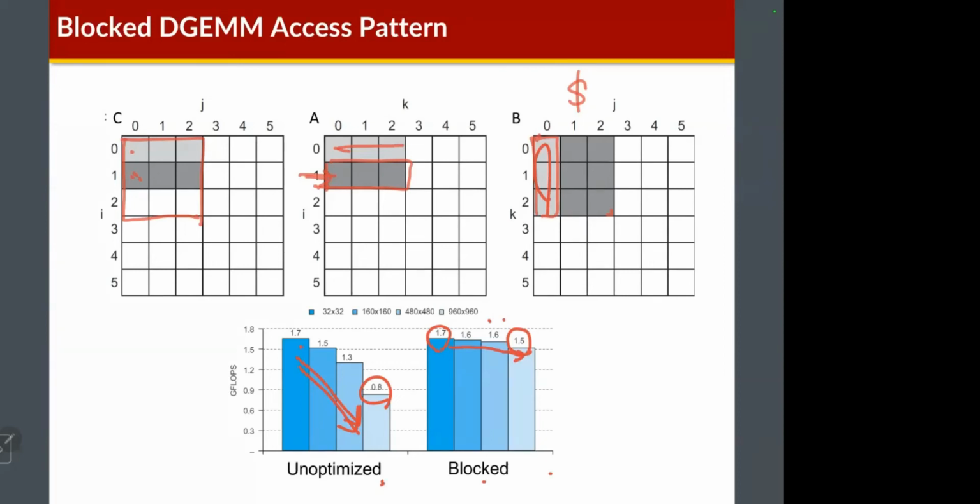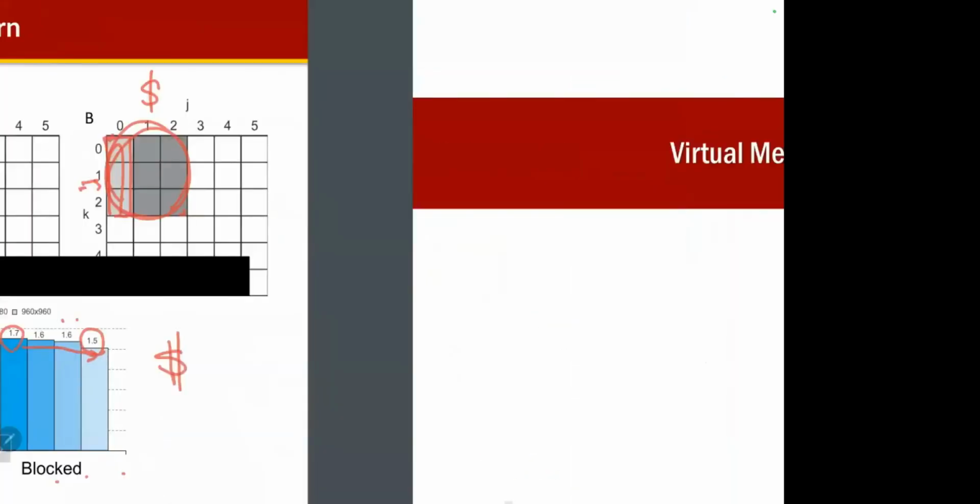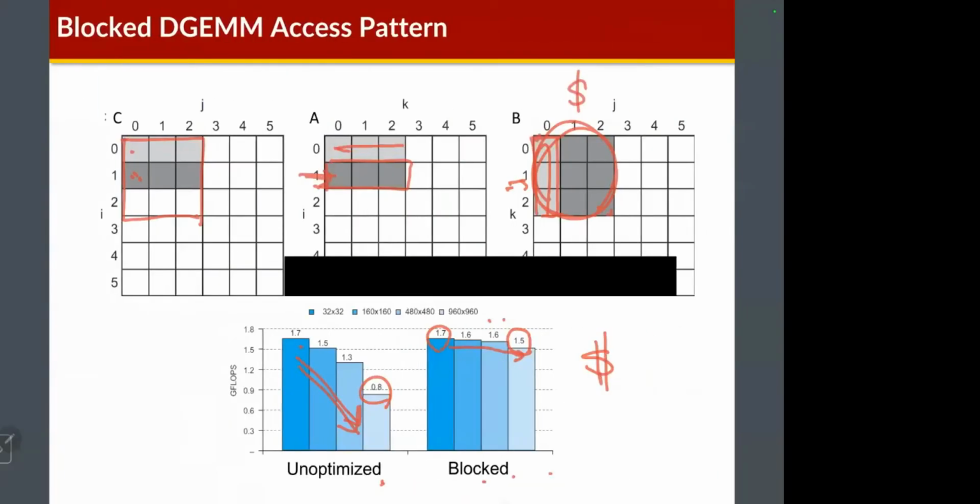It is because the blocked matrix multiplication algorithm can exploit the cache more efficiently, which means that the elements of smaller sub-matrices can be found in the cache, so we can access these elements very quickly. Okay, so what is the lesson we learned in this example?